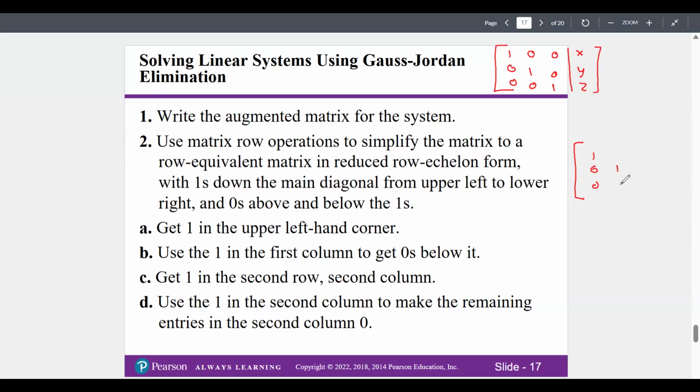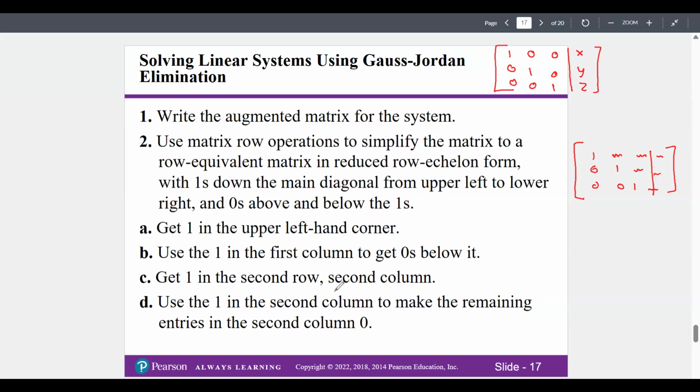Right, we're just doing row reduced. So this could be anything in here, that is okay. So we're looking at a form where we just want to have 1 here and the zeros. Then we're going to get 1 in the upper left corner. Use the 1 in the first column to get the zeros below it.